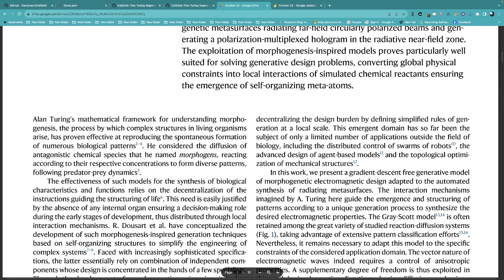So depending on the concentration of these morphogens, which are these theoretical constructs, so they can be anything you want them to be. They can be some sort of specific signaling molecule. They can be a protein, whatever. Depending on their concentration, they interact to form diverse patterns. And there's this aspect of predator-prey dynamics in there, which is basically if you have two different morphogens and they can form, say, a gradient, or they can compete with each other.